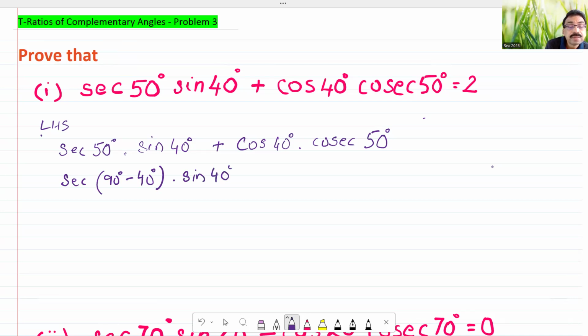Let's keep it as it is. Plus, coming to the second term, cos 40, you can keep cos 40 as cos 40 and change cosec 50 in terms of 90 minus theta. So cos 40 degrees into cosec 90 minus 40 degrees.